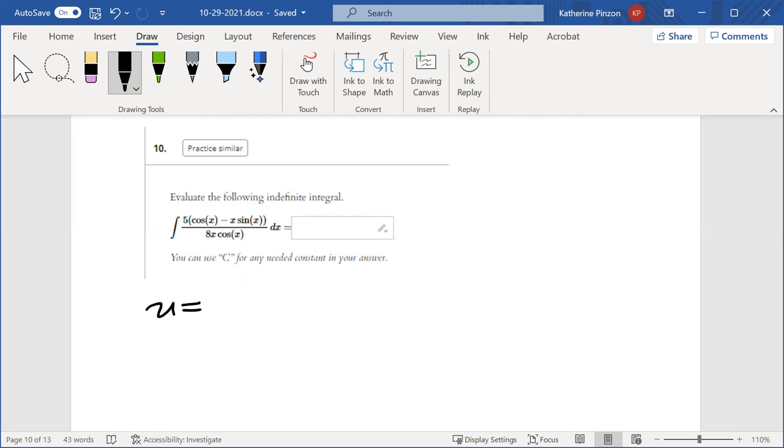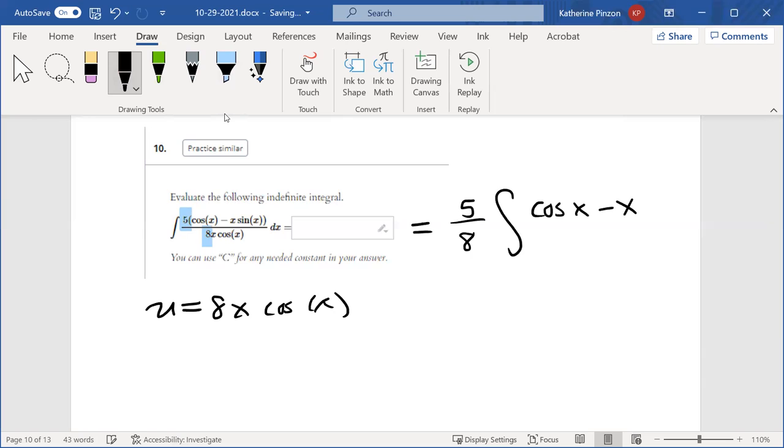Powers, square roots, denominators. Let's try denominator, yeah. 8x cosine x. Before I start, I might take these two coefficients, 5 and 8, and put them in the front.